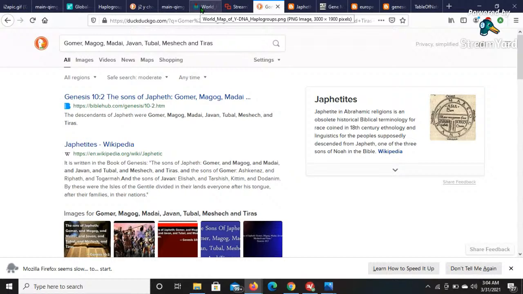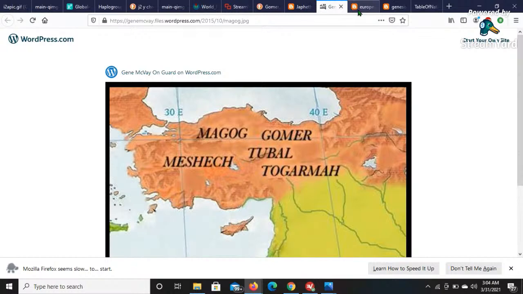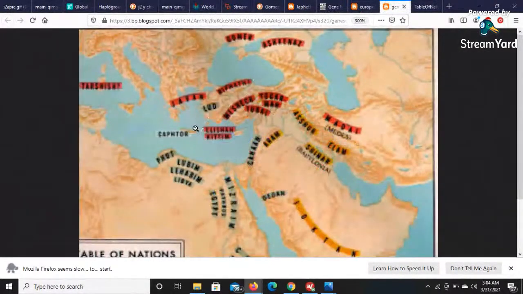Let's look at the maps again. Yeah, so the Javan could have been Neanderthal. It looks like the Javan went up into Europe, because once they cross here, they're already in Europe.